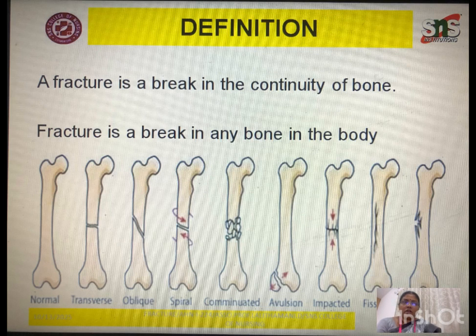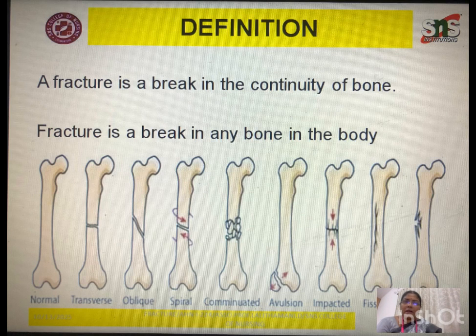An oblique fracture, as the name suggests, is a slanting line where the fracture has happened and the bone has broken into two pieces. Next is spiral, where the bone is broken in a cylindrical or spiral manner. Next is comminuted, where the bones are crushed.